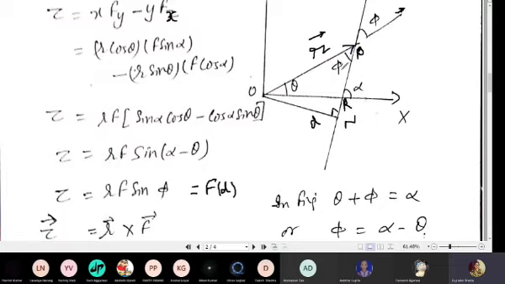And from here you can see the diagram. Phi is this angle. So sine of phi is this perpendicular ON divided by R. Sine phi is equal to ON divided by R. So ON can be written as R sine phi.